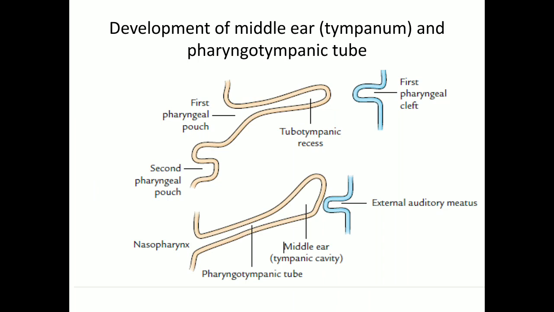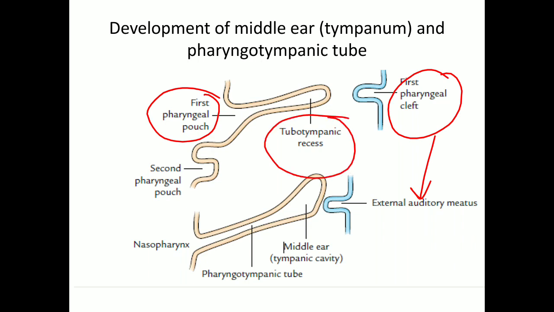Now the development of the middle ear cavity and the Eustachian tube. This is the first pharyngeal pouch, and the first pharyngeal cleft will form the external auditory meatus. The first pharyngeal pouch forms a recess called the tubotympanic recess.